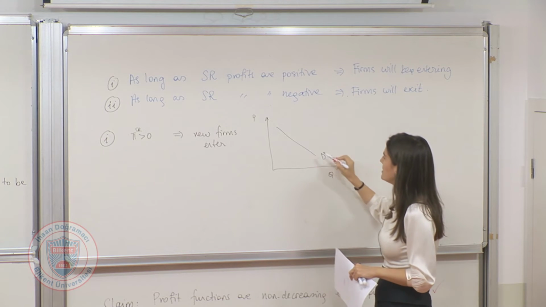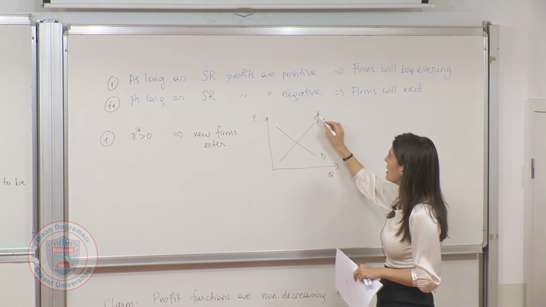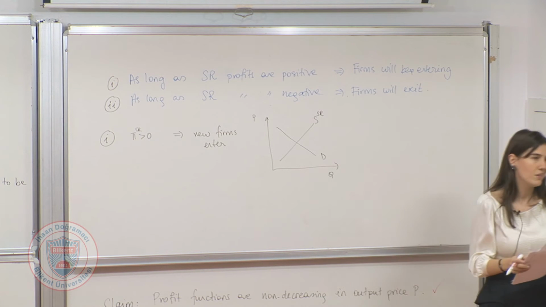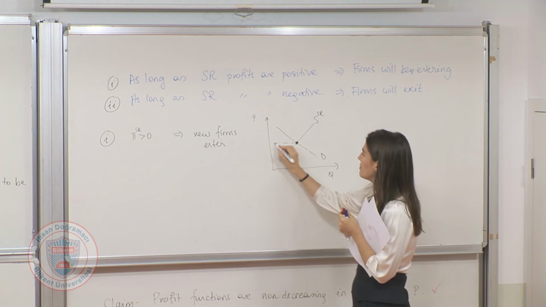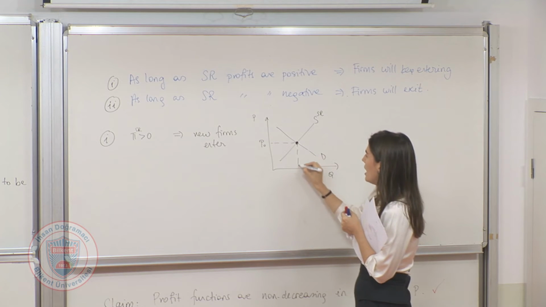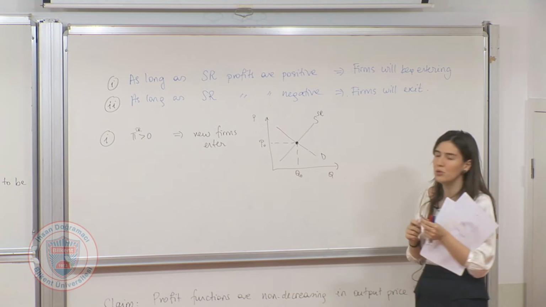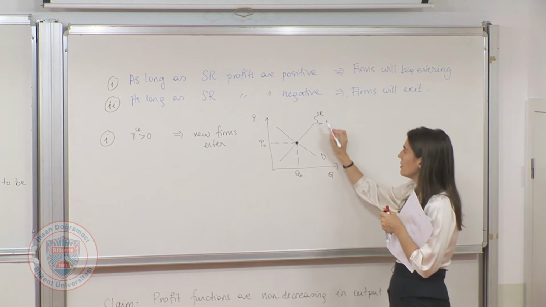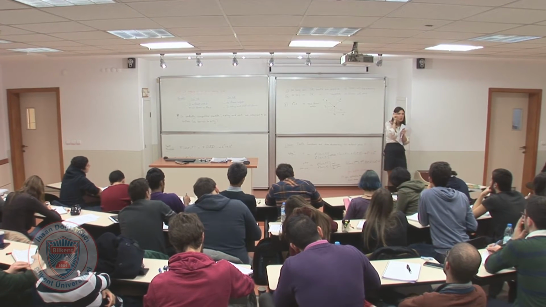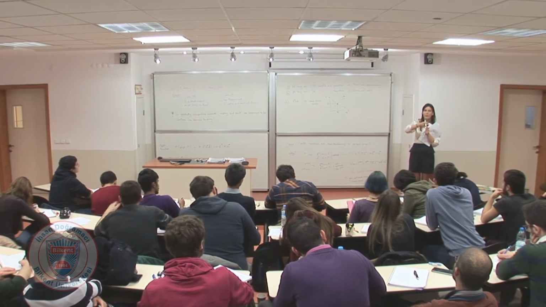This is demand, and this is short run supply, okay? This we know. Suppose initially the price in that market is P0, and the amount that was produced was Q0. Now, suppose in this situation profits were positive. New firms would like to enter, okay? So what's going to happen to this supply curve? Remember, in the short run, we said that the number of firms is fixed.